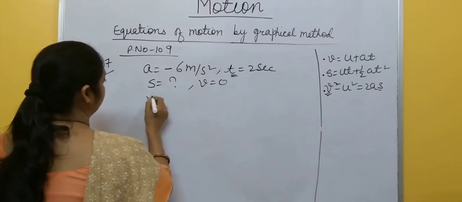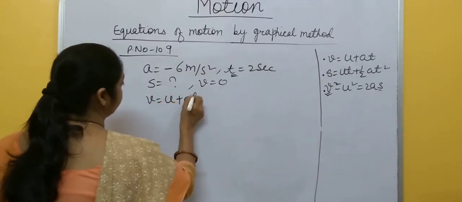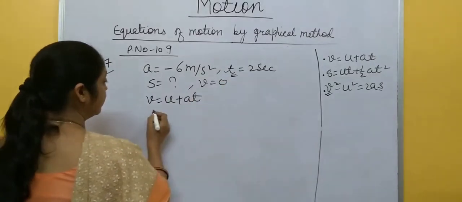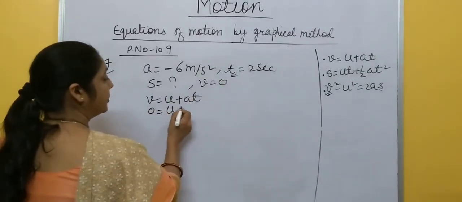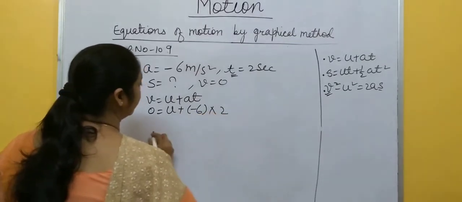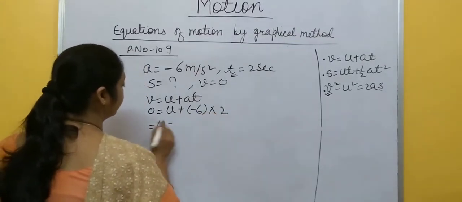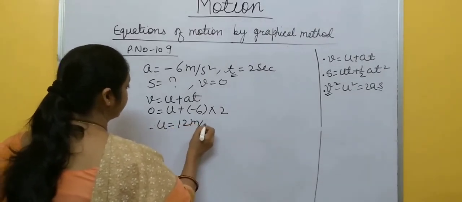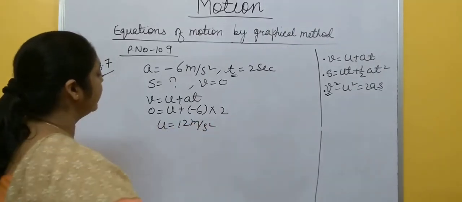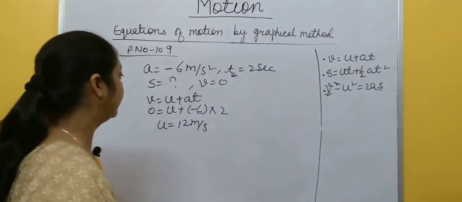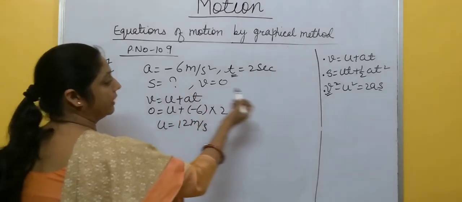V is 0, u you don't know, a is given minus 6, into time is given 2. So u equal to 6 into 2, 12 meter per second. Now you get initial velocity 12 meter per second, and you have to calculate s.